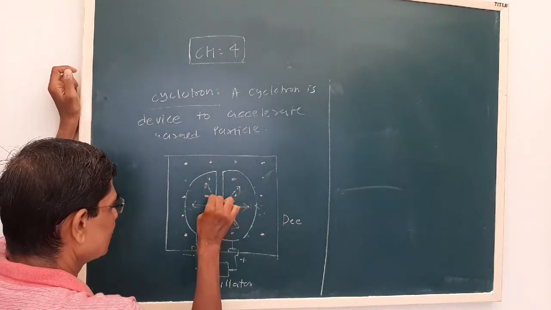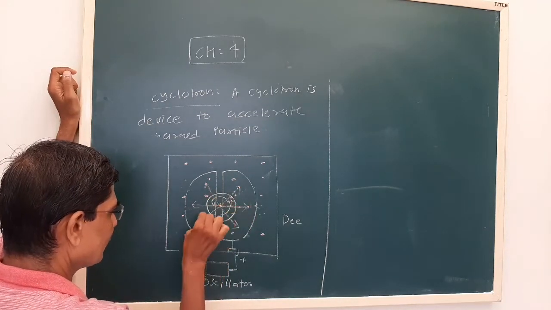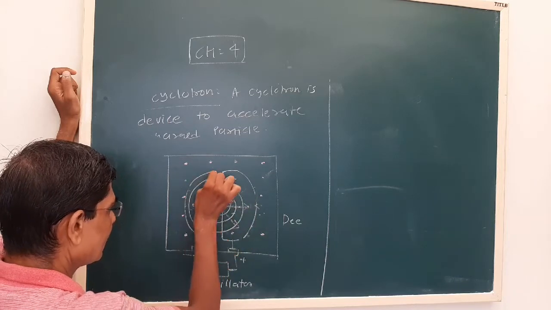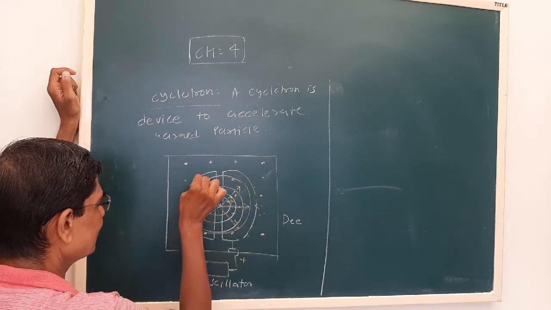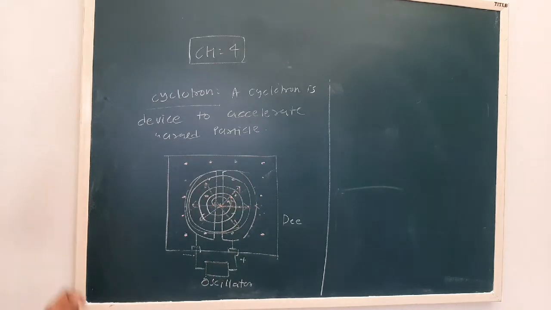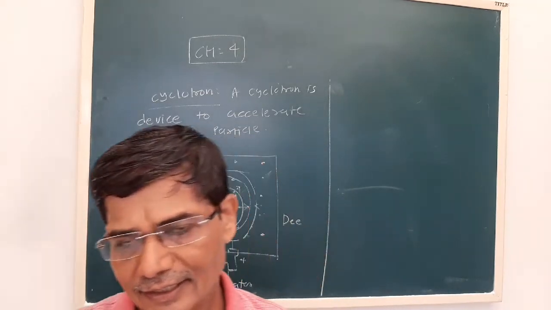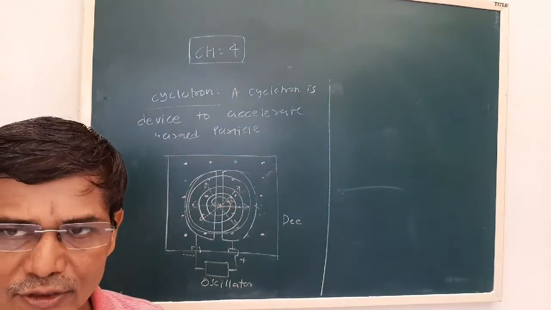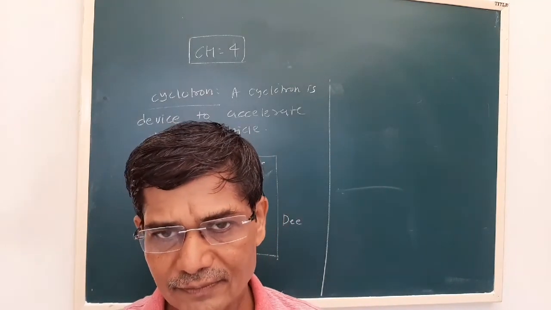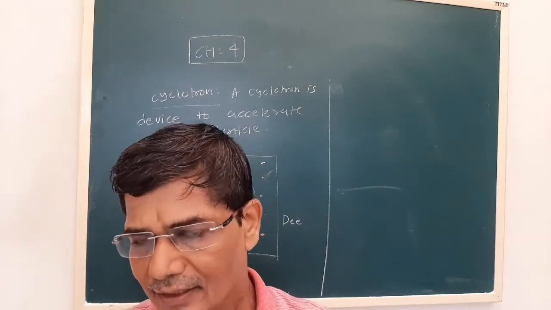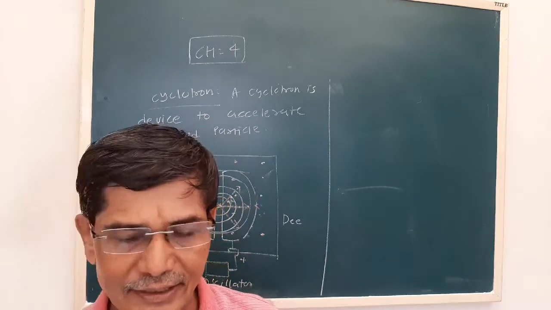So the particle moves on a circular path like this. Here we assume that the velocity increases, that means it is accelerated motion. So the velocity of the particle increases, that is nothing but the particle is being accelerated.